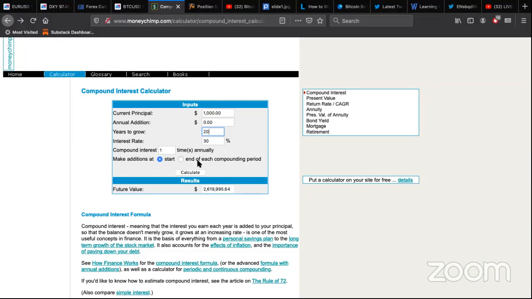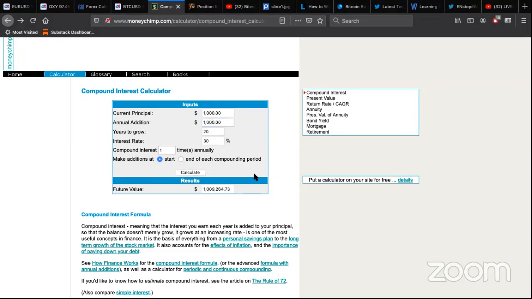But let's talk about 20 years. You're only starting with $1,000 here, right? What's the difference if you start with 5,000? That's a significant difference. All right. But we're going to the bare minimum here, $1,000. And what happens if you were adding $1,000 every year for those 20 years?